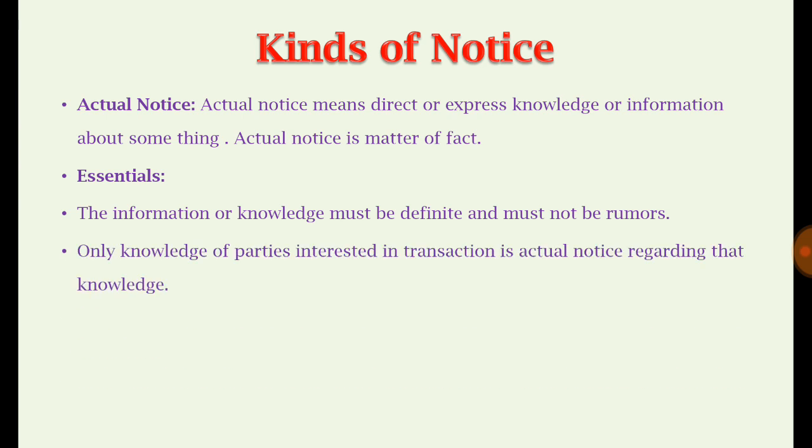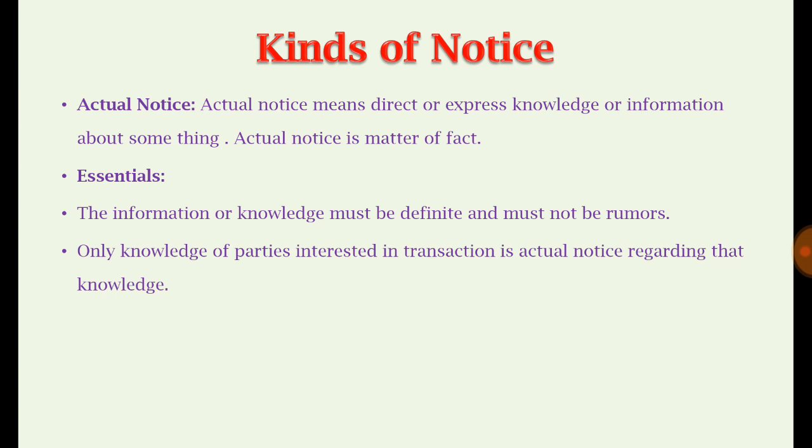Then secondly, only knowledge of parties interested in the transaction is called actual knowledge. We must see this actual notice in the context of transfer of property. So the knowledge of parties to that transaction is called knowledge.